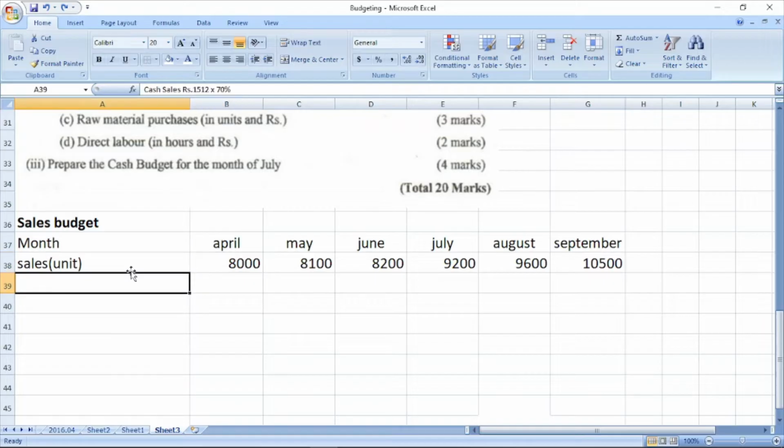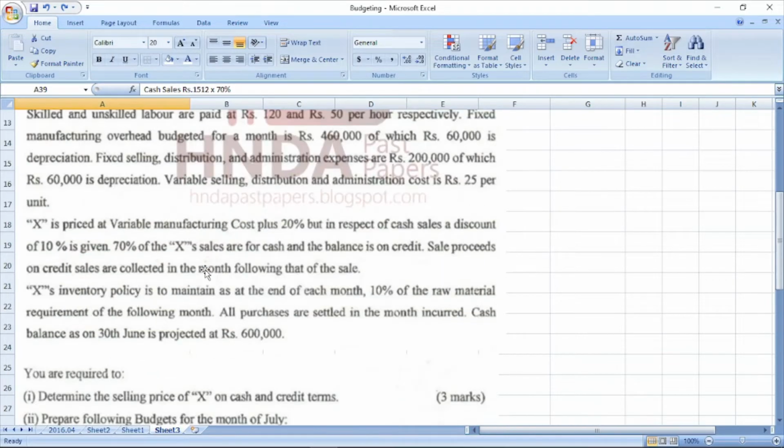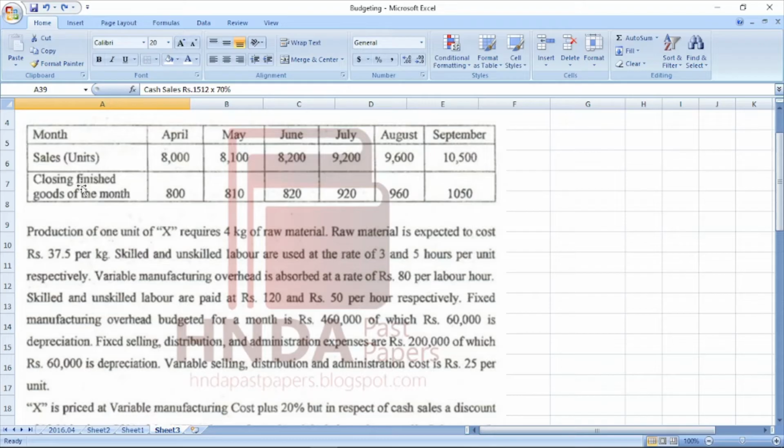Likewise, write the rest. Next, now we can calculate the cash sales. How do we get the cash sales? The sales amount on a cash basis is 1512.